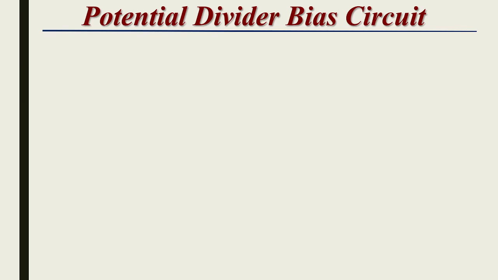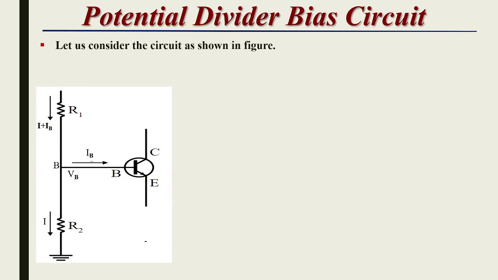Now, the analysis of this potential divider bias circuit. Let us consider the circuit for this analysis. For analysis, we have to consider two loops. The first is the input loop, that is the base loop, and the second one is the output loop, called the collector loop.